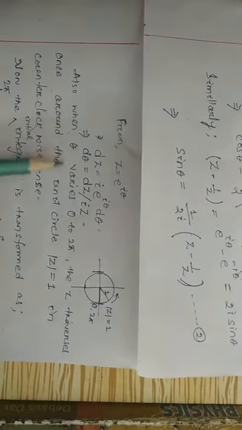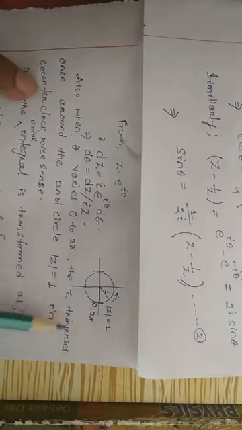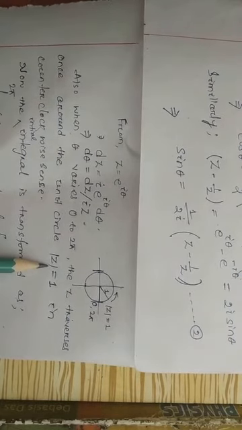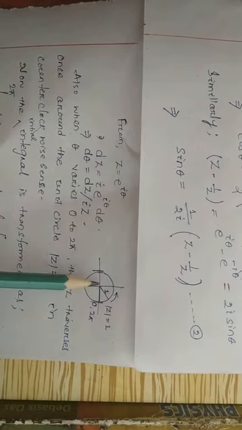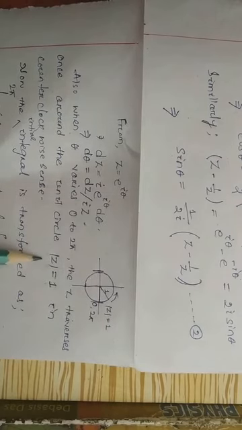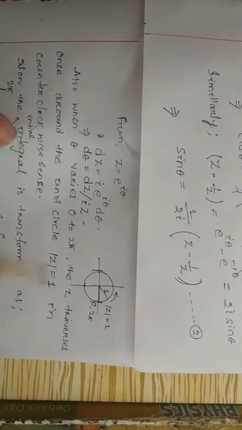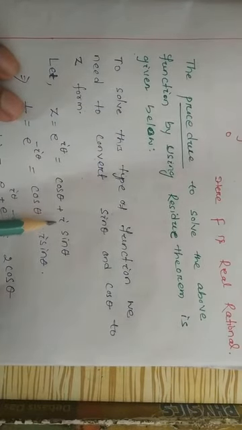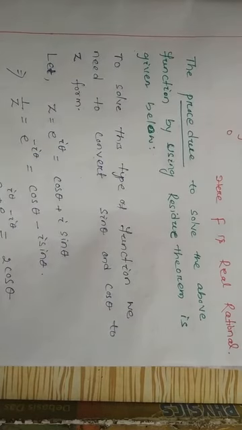Here, as theta varies from 0 to 2 pi, z traverses around the unit circle |z| equal to 1, whose center is at 0 and radius is 1. Why? Because we defined z equal to cos theta plus i sin theta.